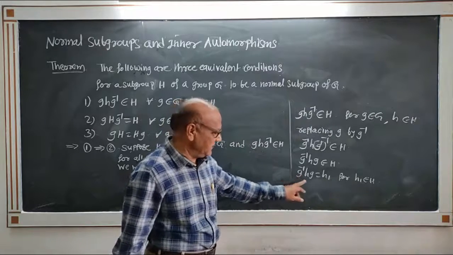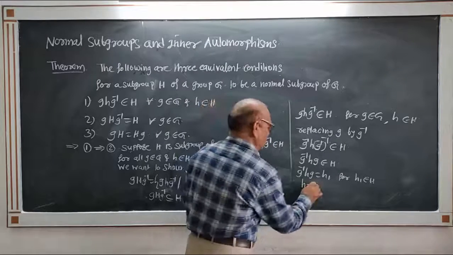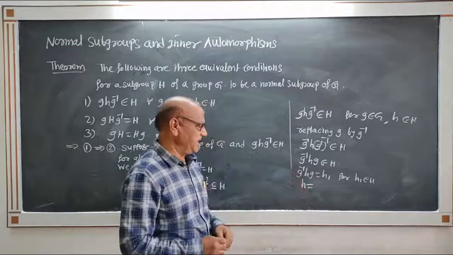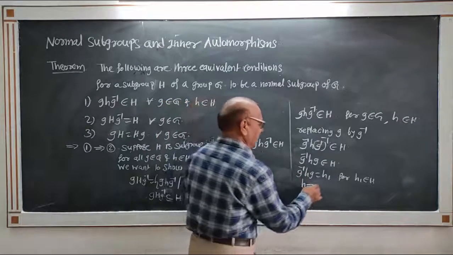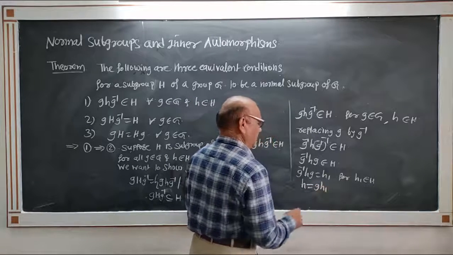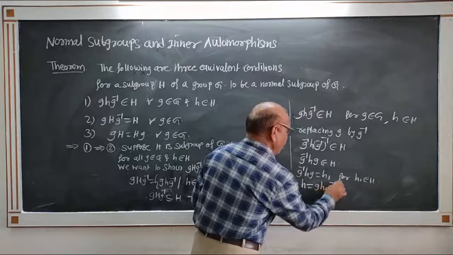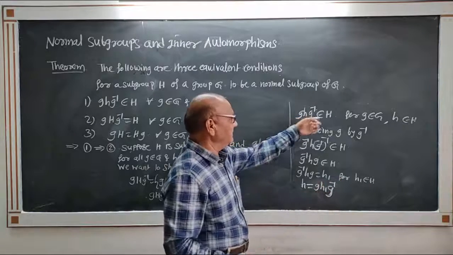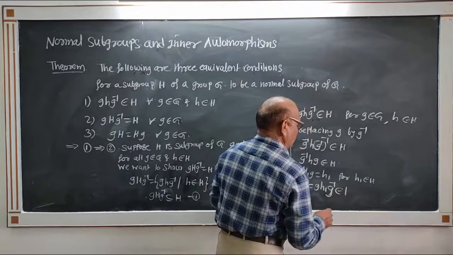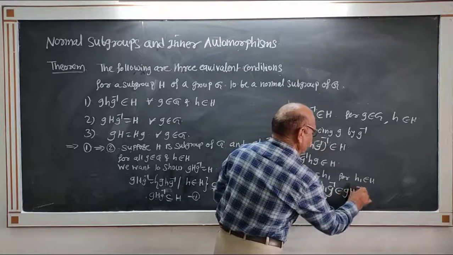Clearly, here h is equal to, pre-multiplying by g and post-multiplying by g inverse, we get h is equal to g h1 g inverse, and g h1 g inverse belongs to g H g inverse.